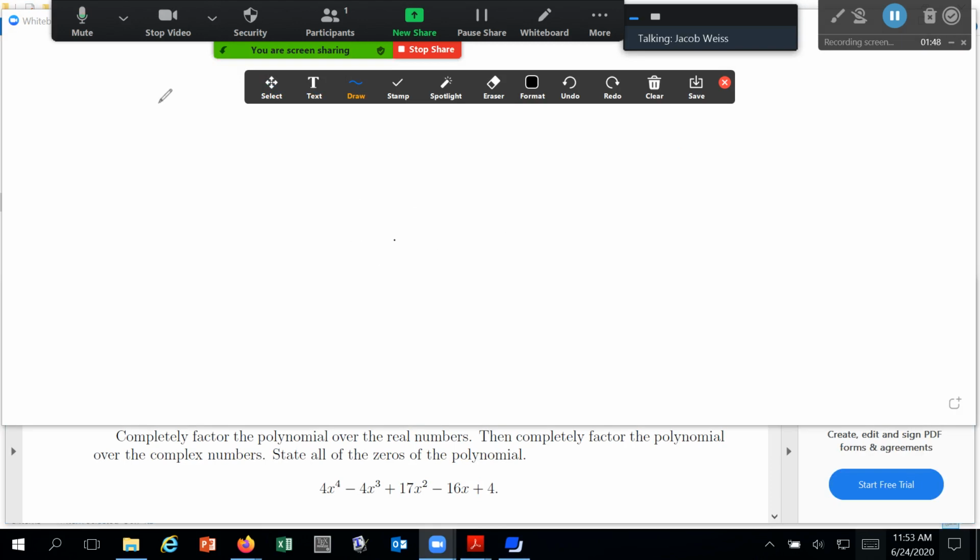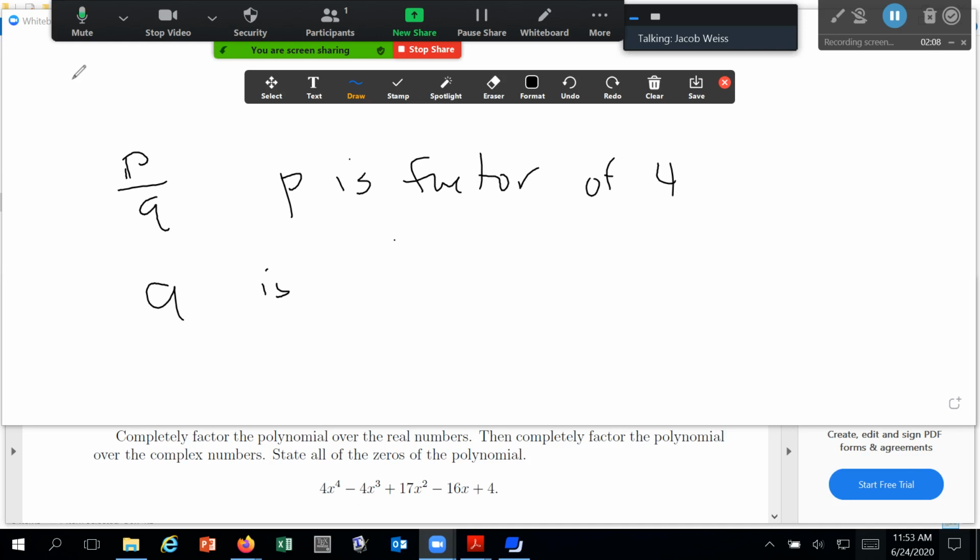Okay, so if we go back to our problem here, we are going to look for solutions of the form p divided by q, where p is a factor of a sub 0, that's the constant term, and q is a factor of a sub n. So the constant term is 4, and a sub n is 4, so that's kind of handy.